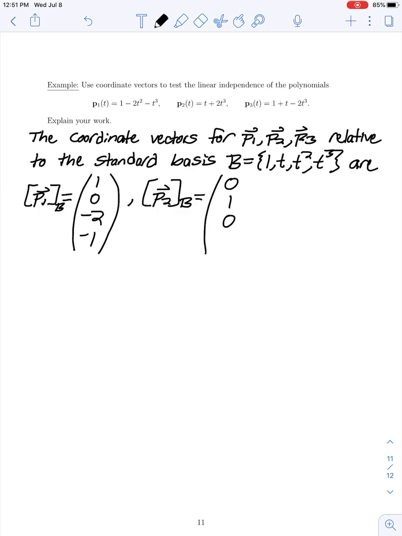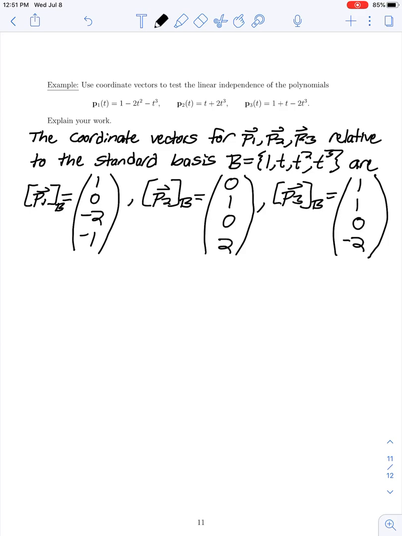We have 1 t, 0 t squared, and 2 t cubed. And then the coordinate vector for p3 relative to this basis is we have 1 times t, 0 t squareds, and negative 2 t cubed. All right. So we need to determine whether these 3 coordinate vectors are linearly independent in R4.